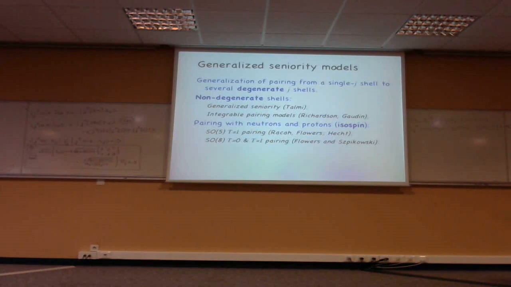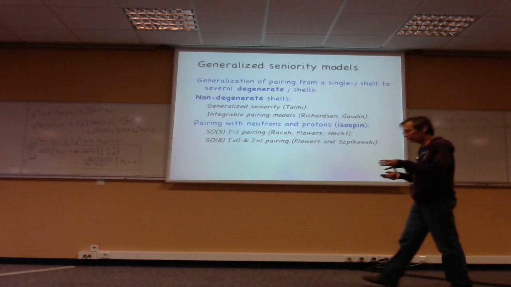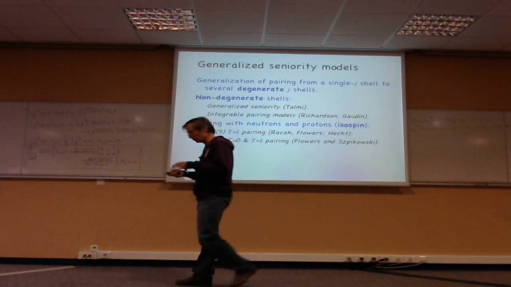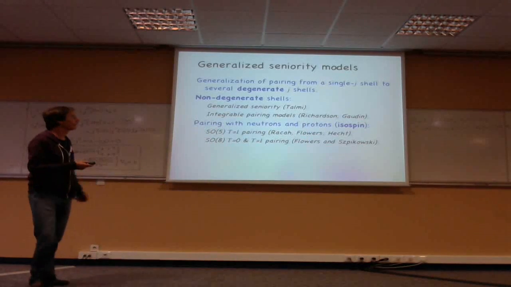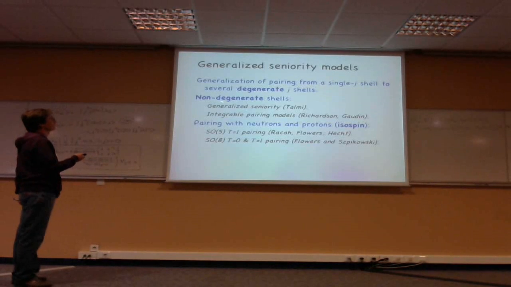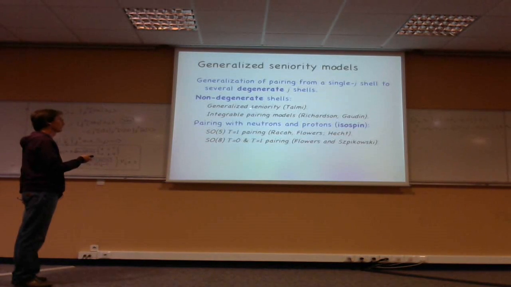So I said the quasi-spin formalism can be easily extended to degenerate multi-shells. But what about non-degenerate shells? Here I will say a few words about integrable pairing models, Richardson-Gaudin, and then also something about generalized seniority due to Talmi.